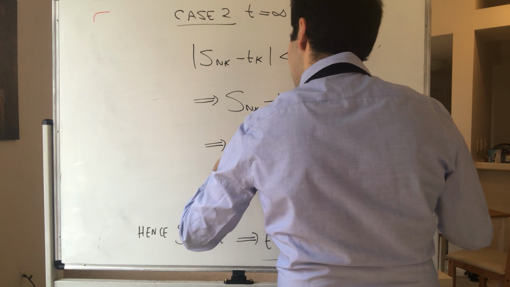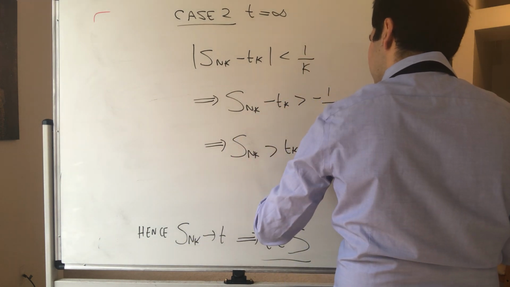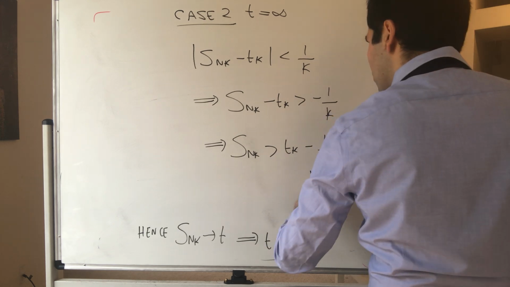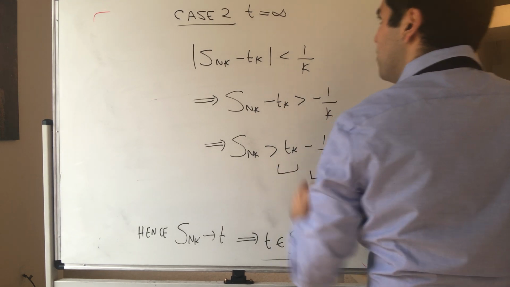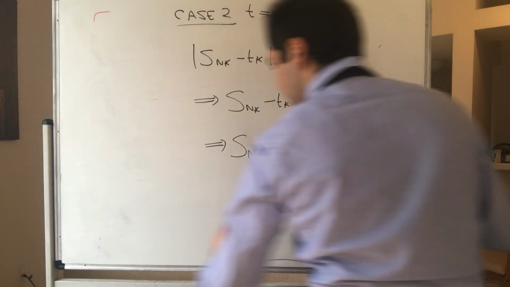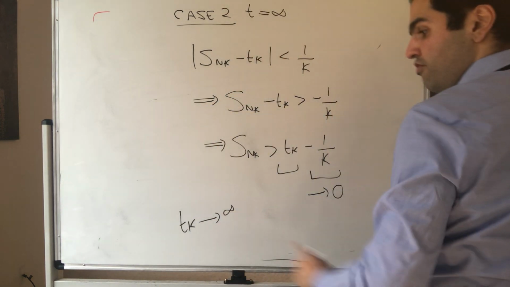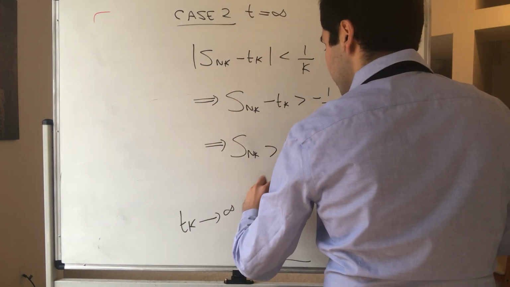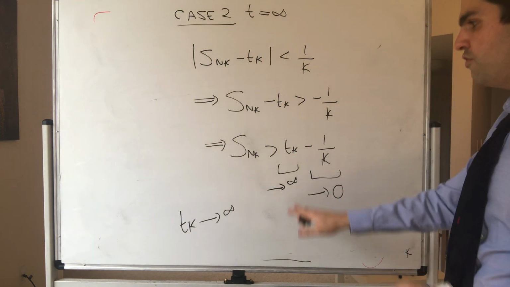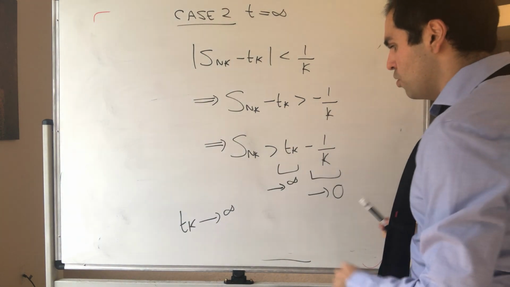So Snk is bigger than Tk - 1/k. Okay, 1 over k goes to 0. But then what do we know? We know Tk goes to T. So in this case, Tk goes to infinity, because that's what T is. So this goes to infinity, and then by comparison, we get Snk goes to infinity.